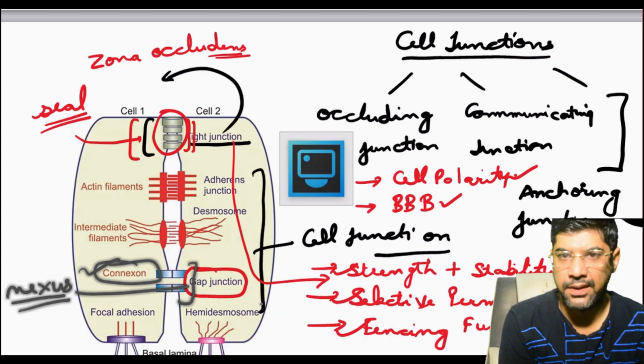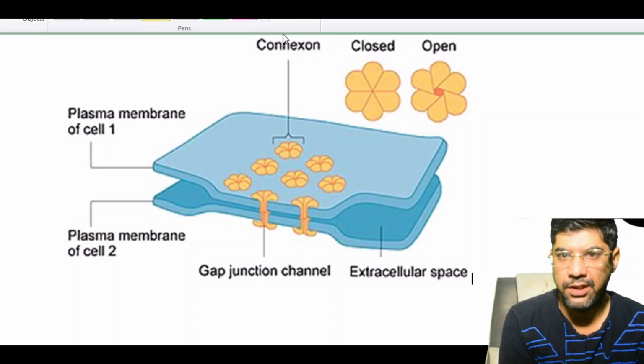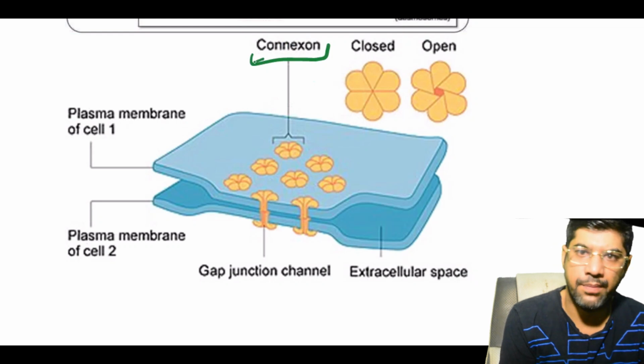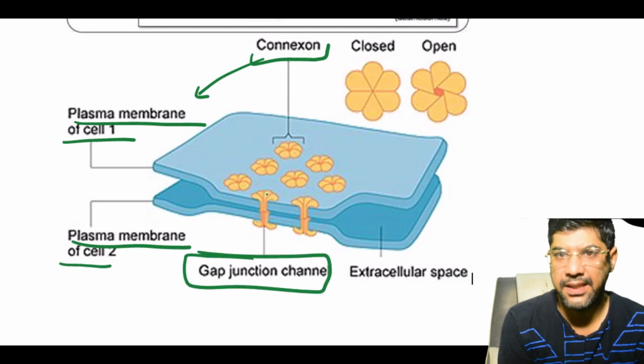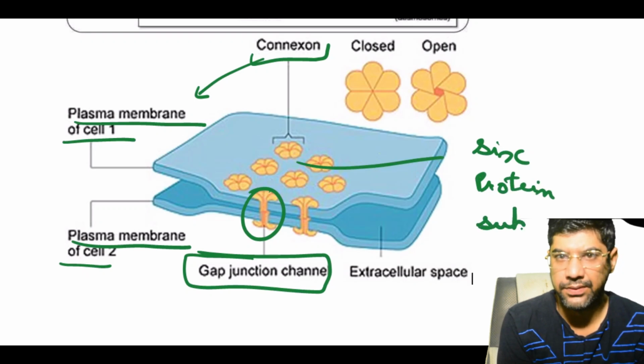These proteins form a circular channel that allows molecules to move directly from one cell to the other without coming into contact with the extracellular fluid. The diameter of the gap junction channel is about 1.5 to 3 nanometers, which allows the passage of small molecules like glucose, amino acids, ions, and other substances with a molecular weight less than 1000.